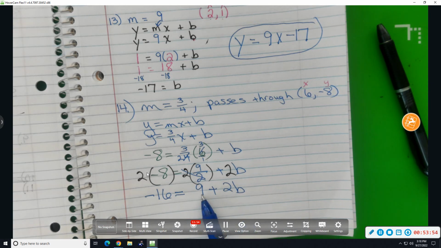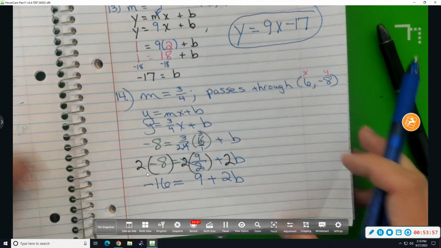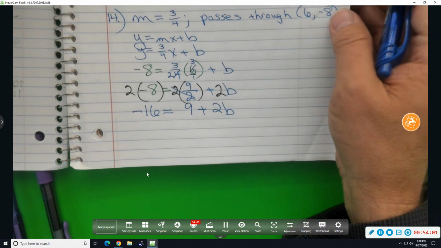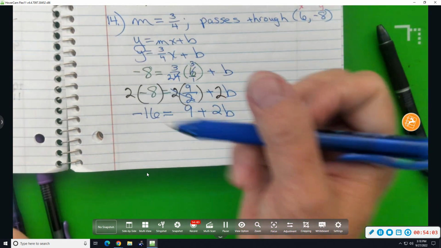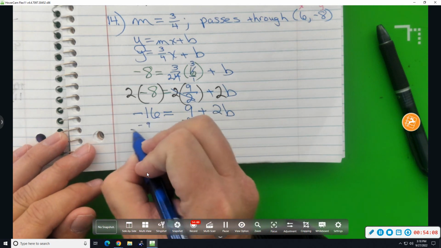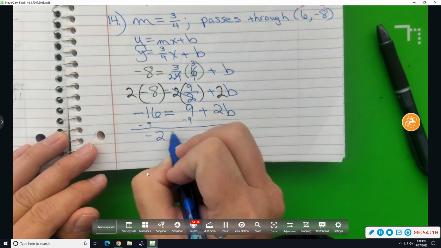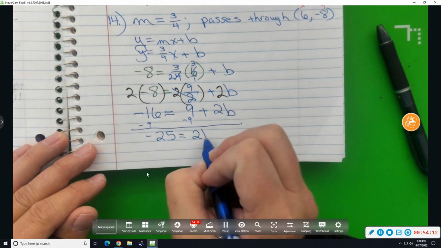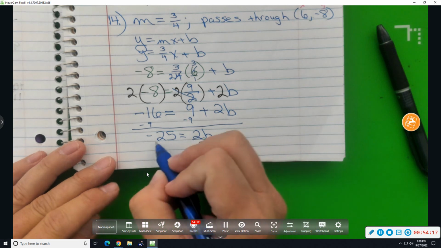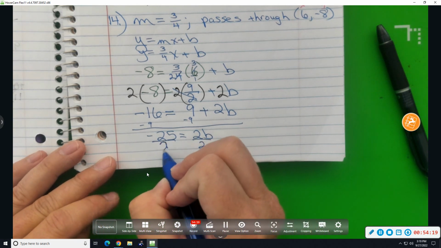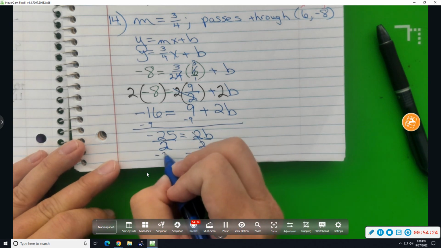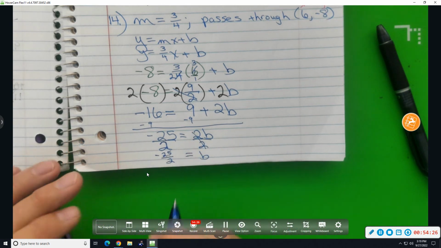Negative 16 minus 9 becomes negative 25, which is equal to 2b. Divide by 2, and we've got our b value: b is equal to negative 25 halves.